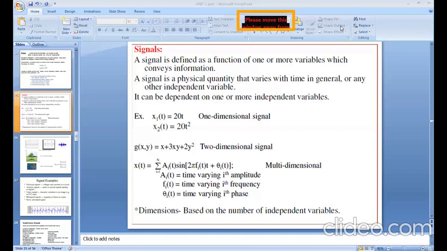Now when we talk about the multidimensional signal, it is nothing but a signal that carries multiple independent variables.